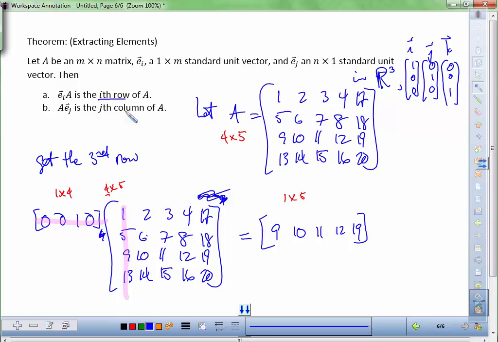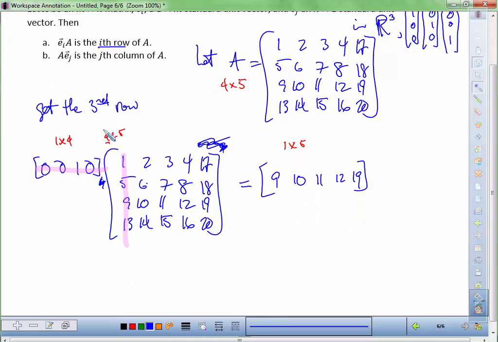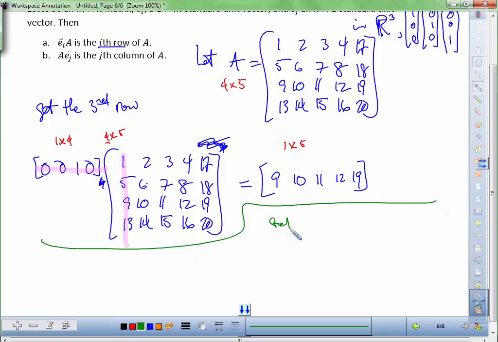And so the same process works for extracting a particular column in A. If you wanted to extract a particular column in A, you would multiply A by a column vector. So to get the fourth column of A, you would take your A matrix, and this time you would multiply by a column vector.